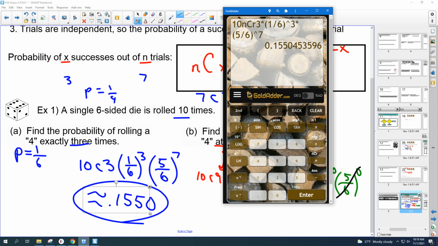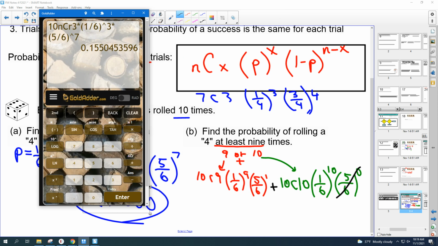Remember the E on a calculator means times 10 to the, so move the decimal left 7 times.